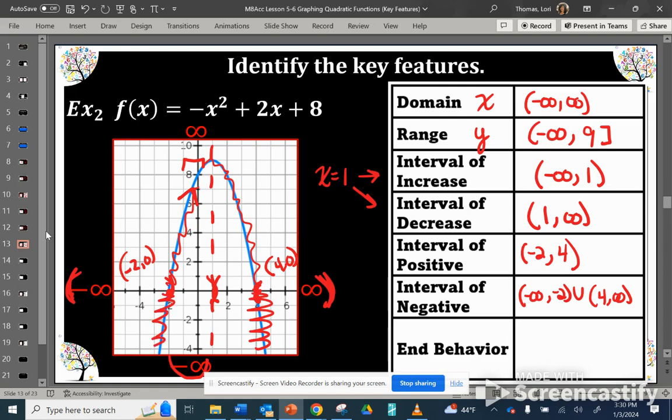In end behavior, you can see the ends are both going down to -infinity. So we have a left end. So let's go ahead and do that first. As x approaches -infinity, as we go left, the graph is going down.